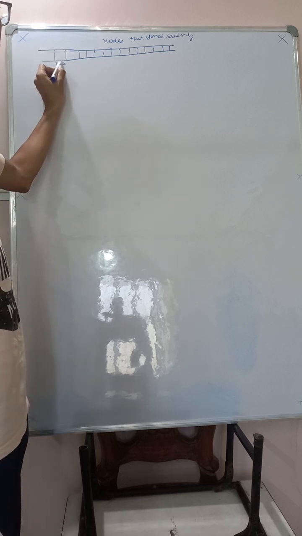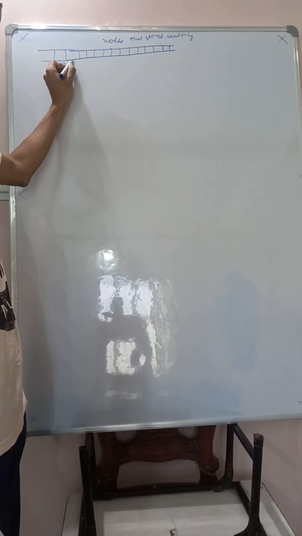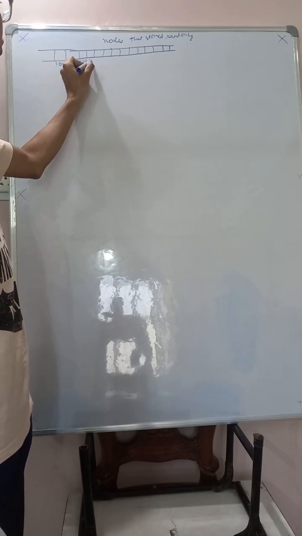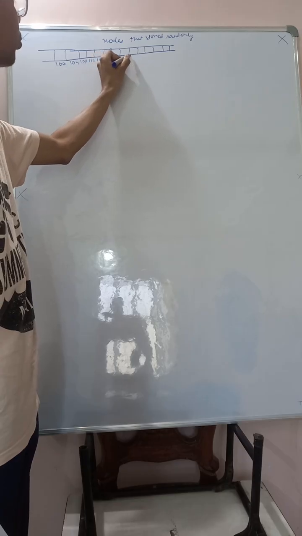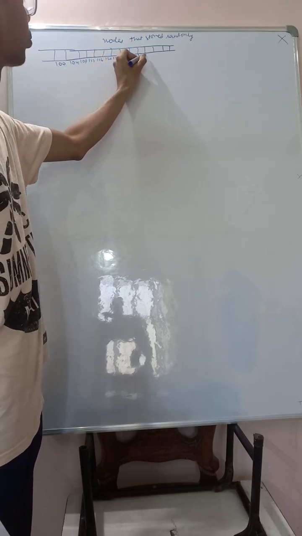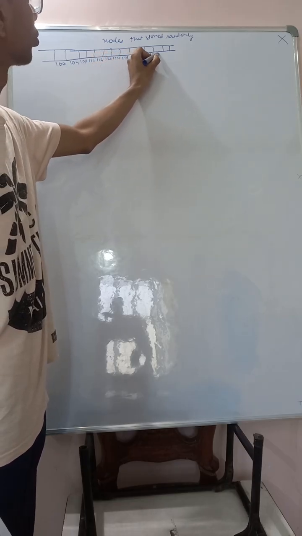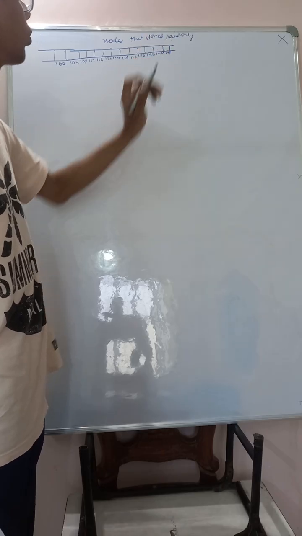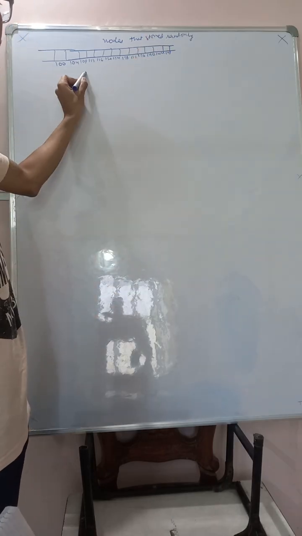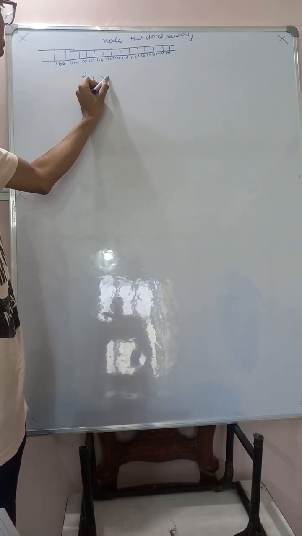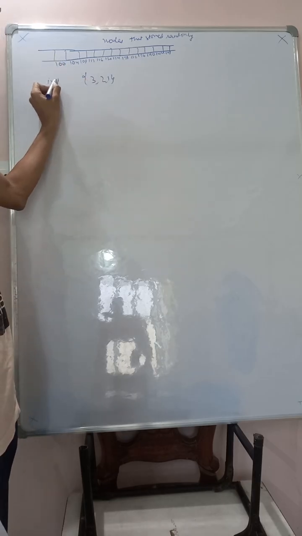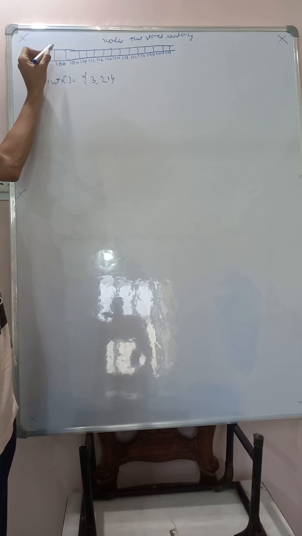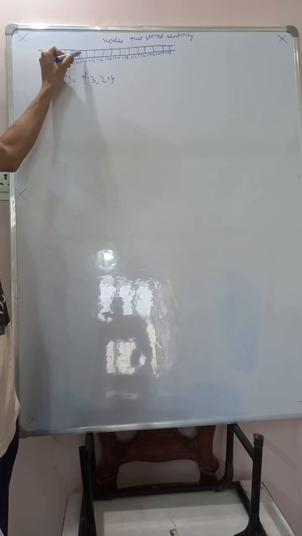Suppose from here I am starting my address. Right. Now suppose I have an array 3, 2, 1. So my array will be stored in a continuous location like this 3, 2, 1.